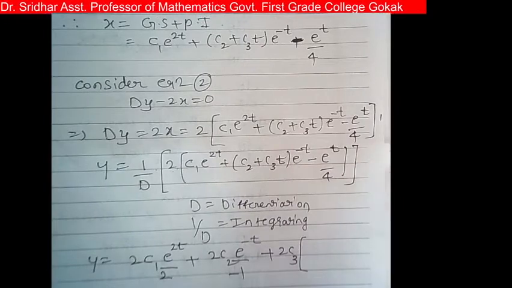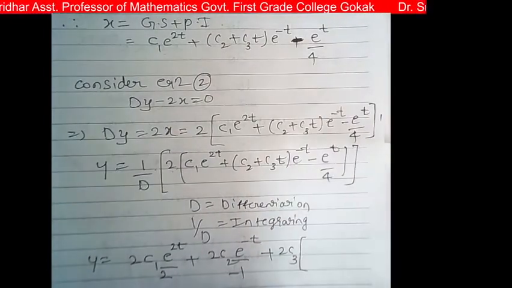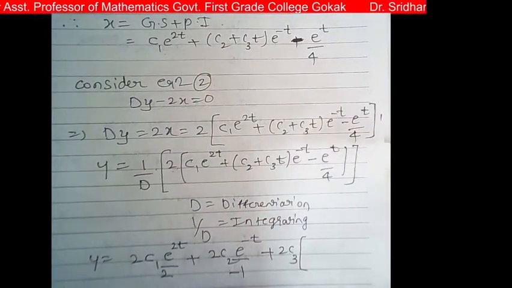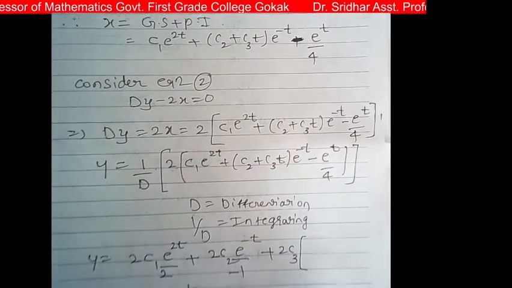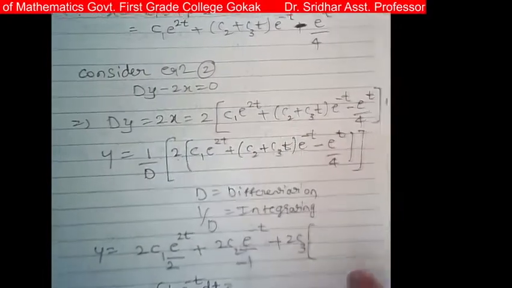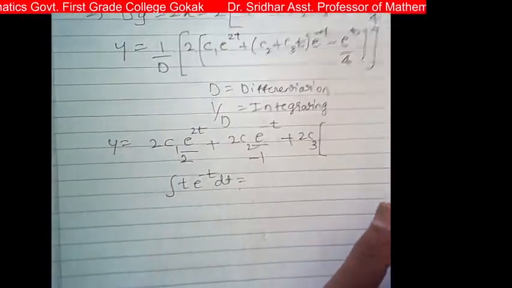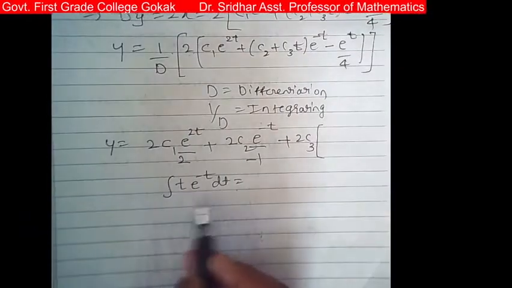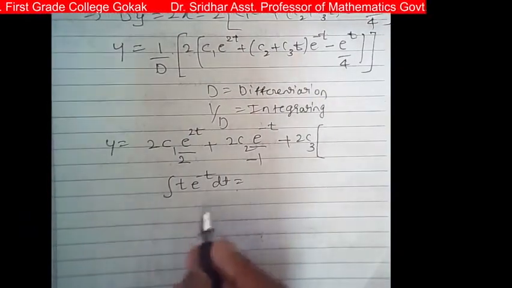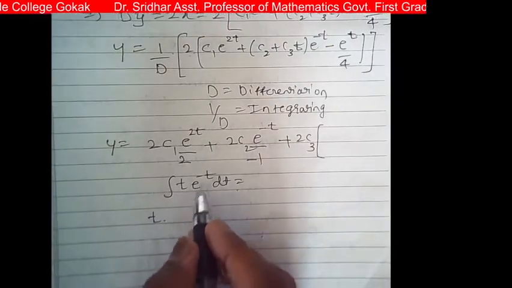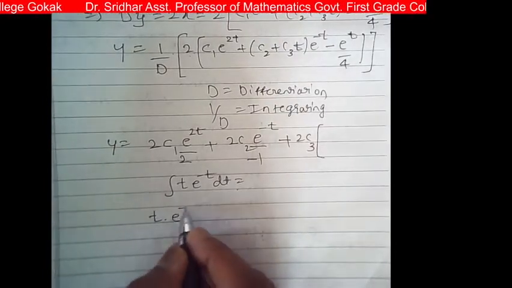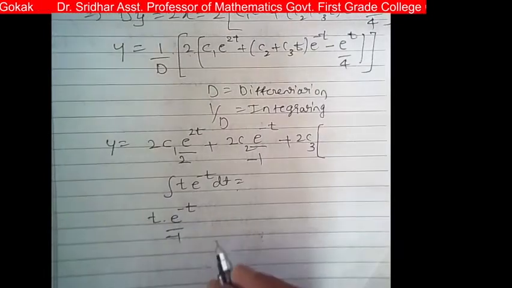How do you integrate that? The integration of t into e raised to minus t dt: already we know Bernoulli's rule of integration. If one of the two functions is an algebraic function, then we apply Bernoulli's rule. First we write the first term as it is, t, then integrate the second term, e raised to minus t divided by minus 1.